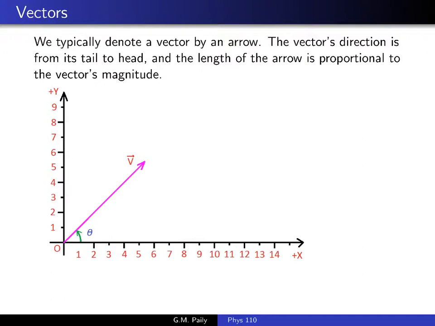So here you would say that v makes an angle theta with the positive x-axis. And again, just a reminder, this symbol here is the Greek letter theta and is often used for angles.